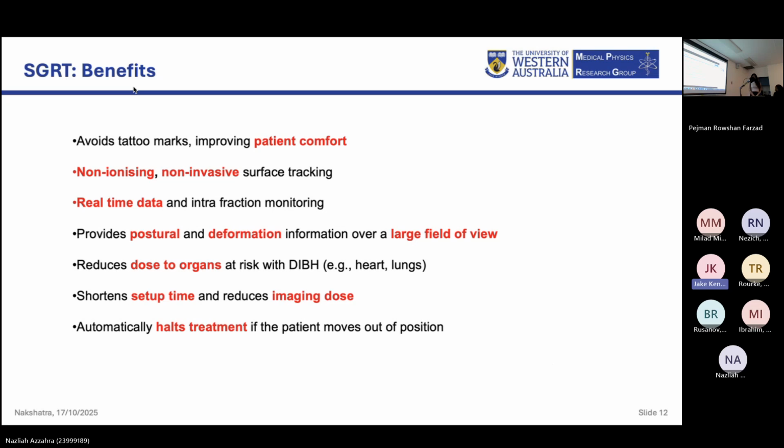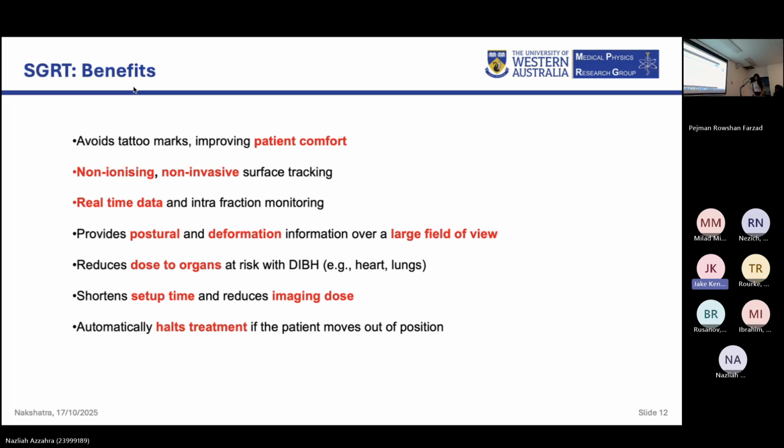So SGRT provides multiple clinical and patient-centered benefits. One major benefit is that it doesn't rely on tattoos or skin marks. It is non-invasive and doesn't use ionizing radiation. The system also offers real-time postural tracking, giving objective data and a large field of view, and also reduced dose to organs at risk with DIBH.